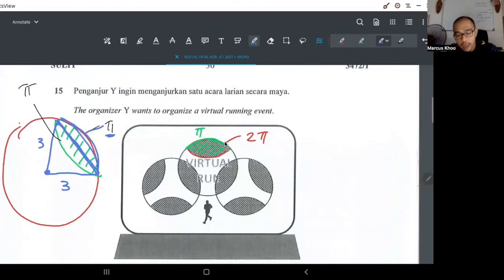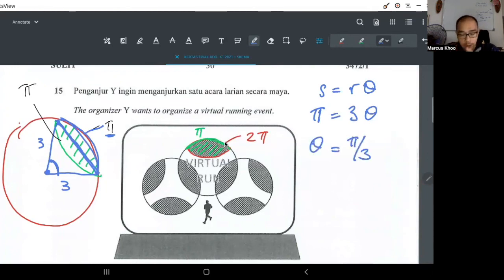So you can use s equals r theta to find the value of the angle. So s is pi, we already established that. R is 3, and we want to find the value of the angle. So the angle will actually be pi over 3, pi over 3 radian.